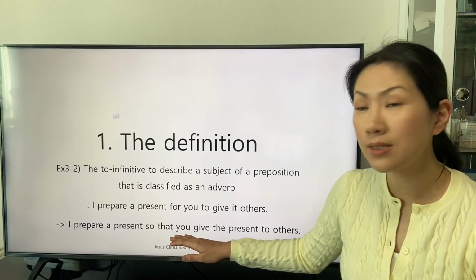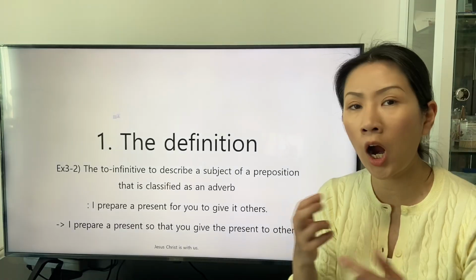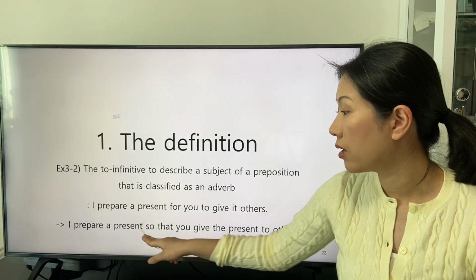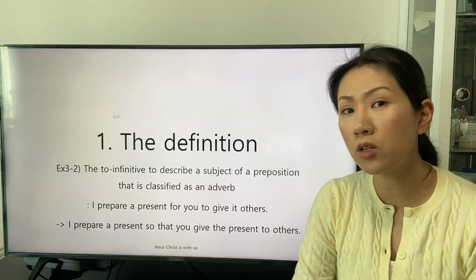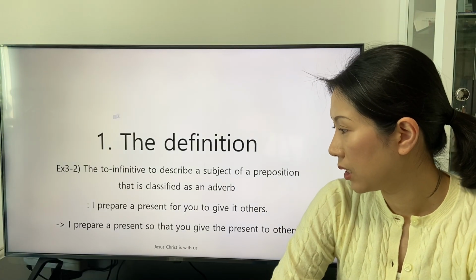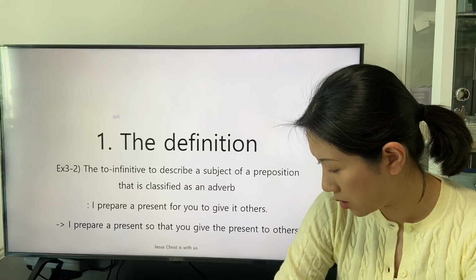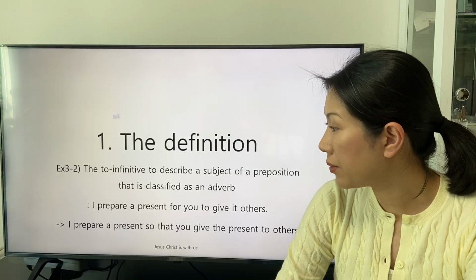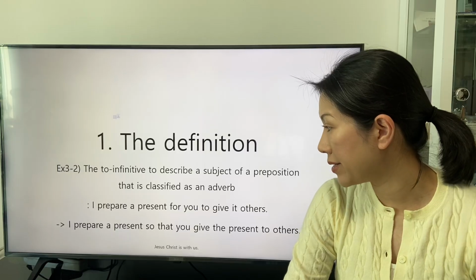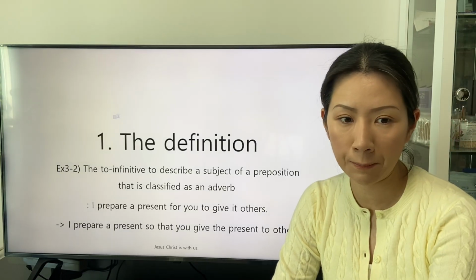There is a sentence with two clauses. The two clauses are linked by the conjunctive adverb so that. I prepare a present so that you give the present to others.